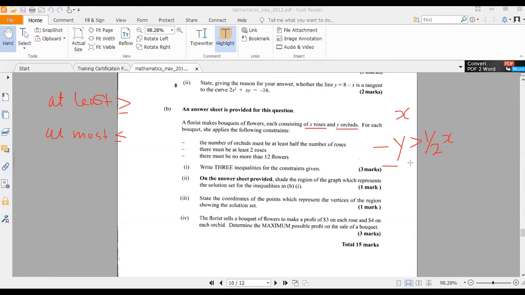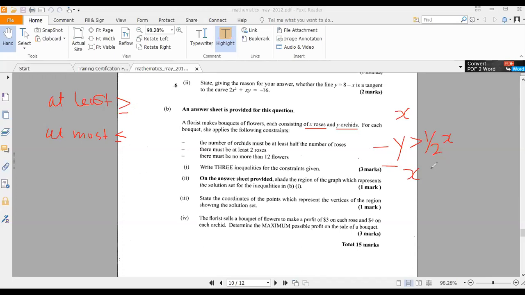Next question. There must be at least two roses. Right. They say there must be at least what? Two roses. What do we use to represent roses? The X. So we are going to put X, because this is referring to just roses.